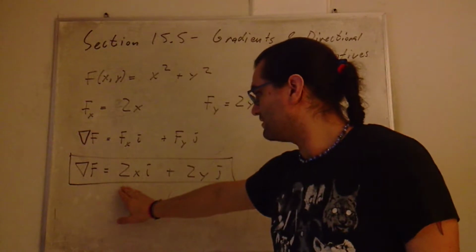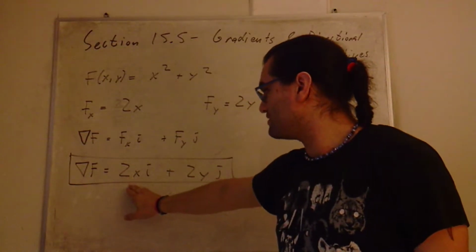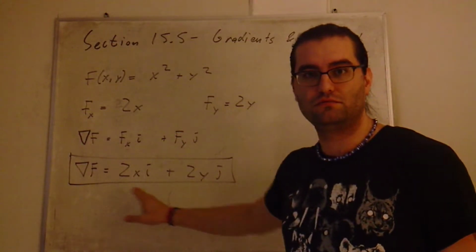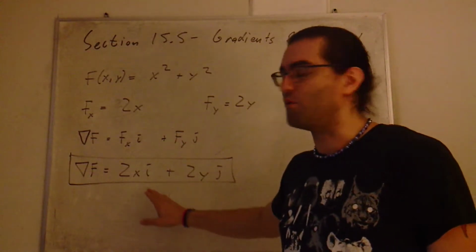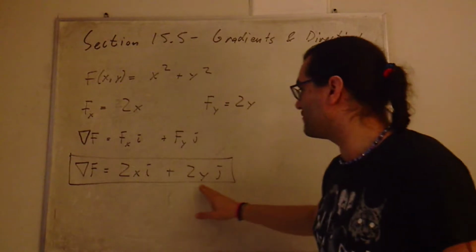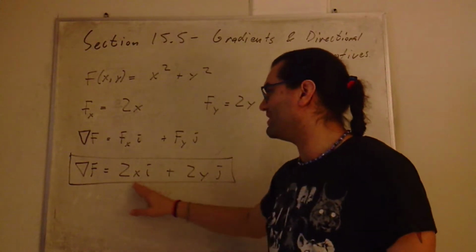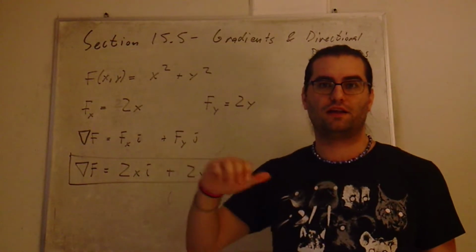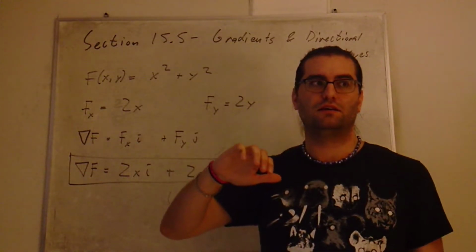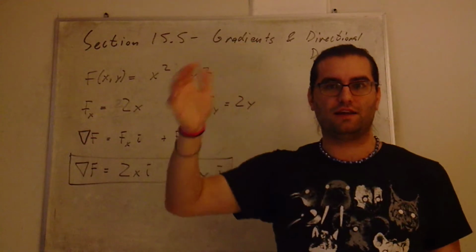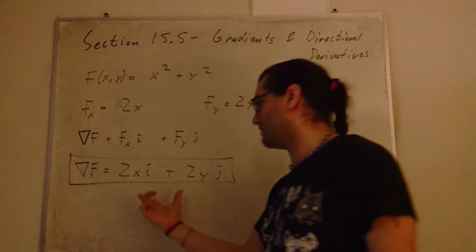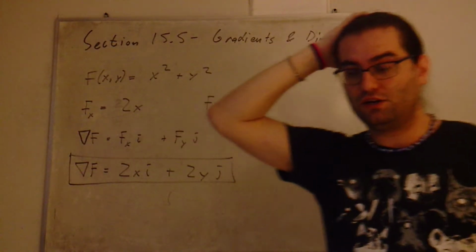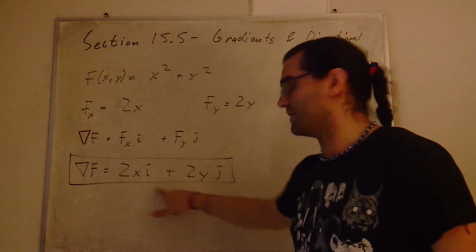This is a function that we can plug x and y into. But when we plug x and y into this function, we get a vector. We're not getting the height. We're not getting a z value. When you plug in x and y, you don't get your third coordinate. You get a vector.